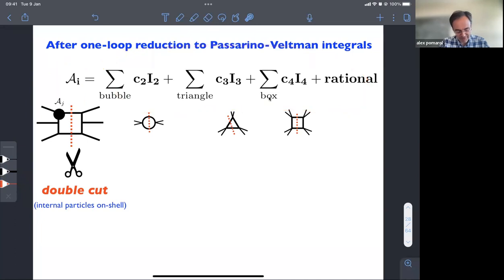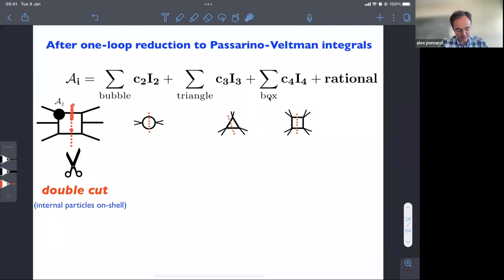This is equivalent to considering what is called a double cut, that corresponds to taking this loop and cutting two internal lines. That means putting the two states here on shell, putting these guys on shell. In this way you get the discontinuity of this amplitude, or if you want, also the imaginary part of the amplitude.